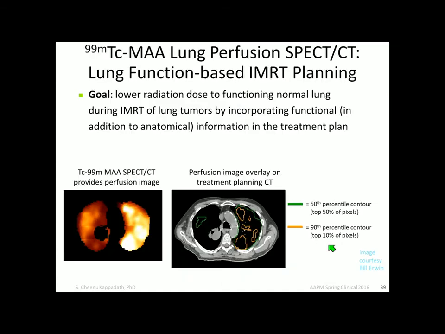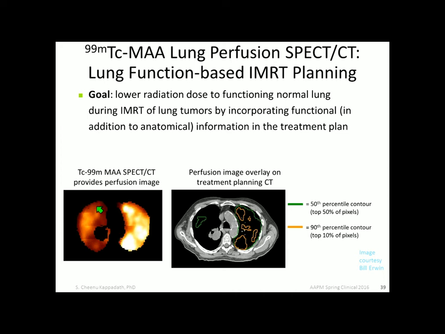Some other areas where SPECT CT is being used, from a radiation oncology point of view, is to use functional imaging during their planning technique. Okay? This is a study that was done at Anderson a number of years ago where they were using lung perfusion to adjust external beam treatment plans.